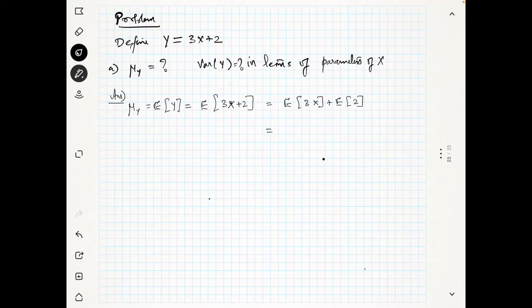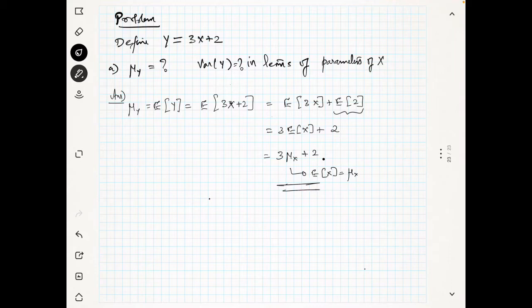This is 3 into the expected value of x plus the expected value of 2, and because 2 is a constant, it is nothing but 2. So it is equal to 3 into mu x plus 2, where mu x is the expected value of x. Okay, so we got it.